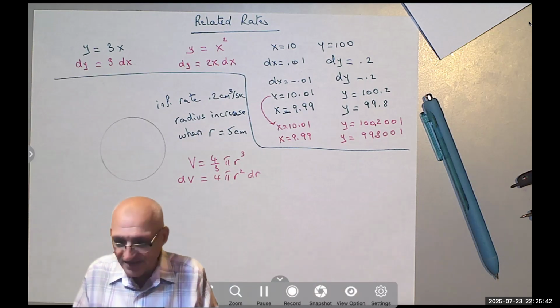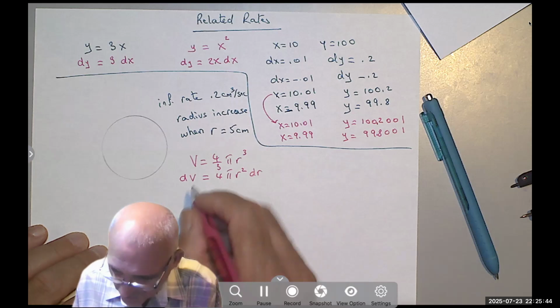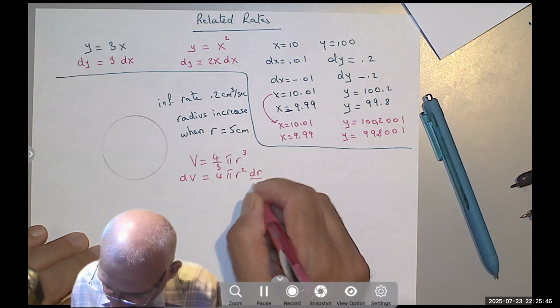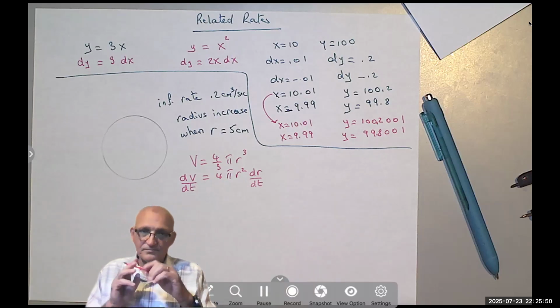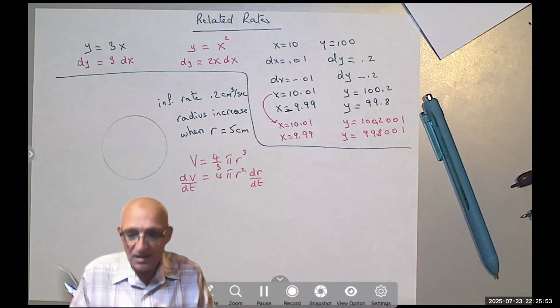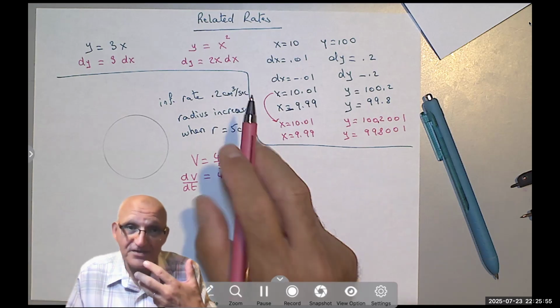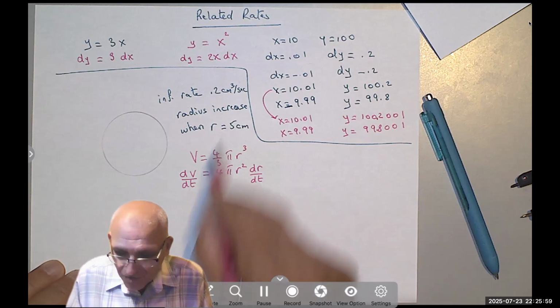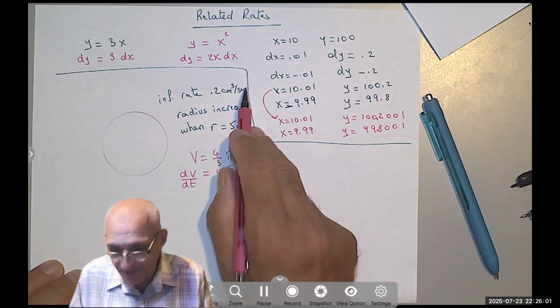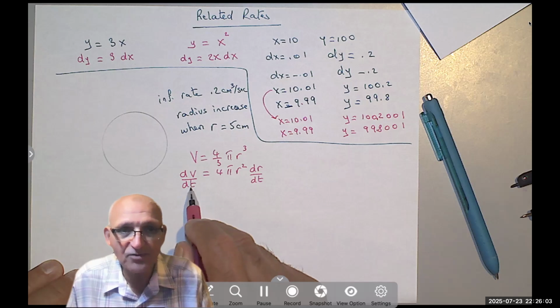dr. Or if you prefer, since this is the rate with respect to time, that would be dt and that would be dt. Because it's per second, so with respect to time, this volume increases at 0.2 cubic centimeter per second. So that's why we did dt.